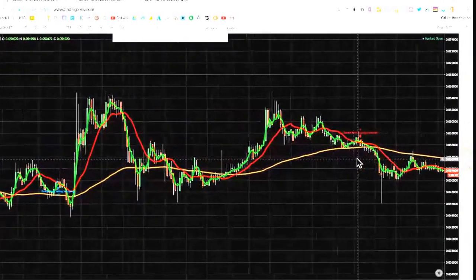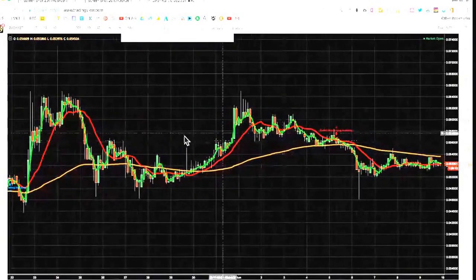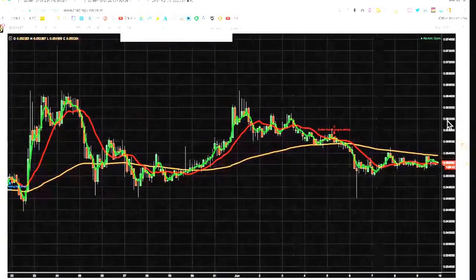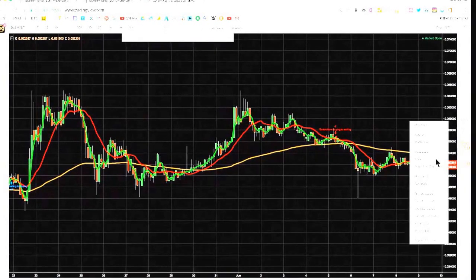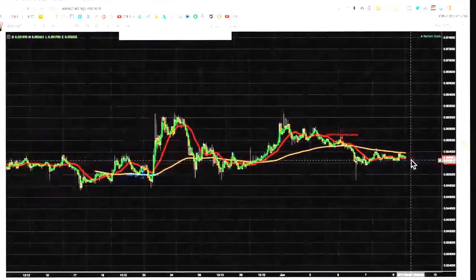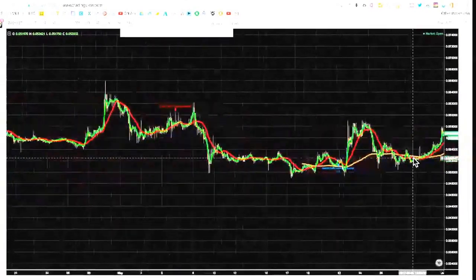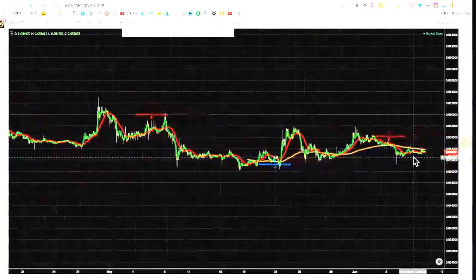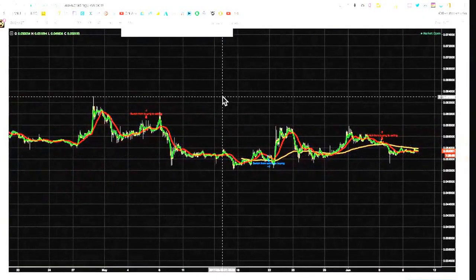Once I find a zoom, like I think this is a good area of the chart where I can see a lot, I right click this axis over here and push lock scale. What that does is now when I zoom out, it still holds those proportions, so I'm still able to see a solid part of what I was looking at before.